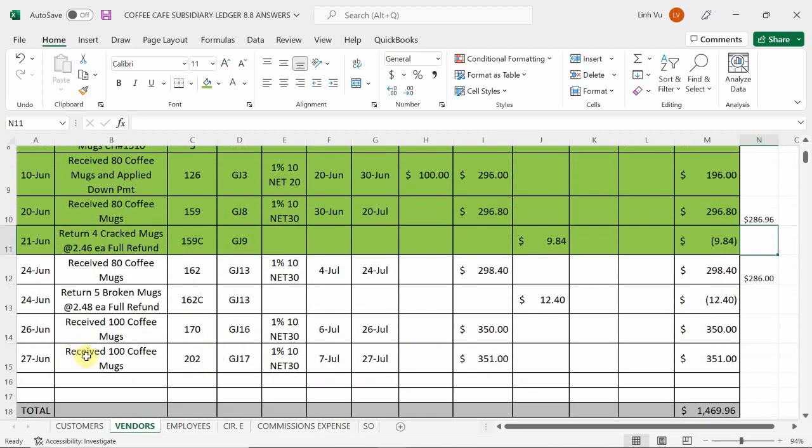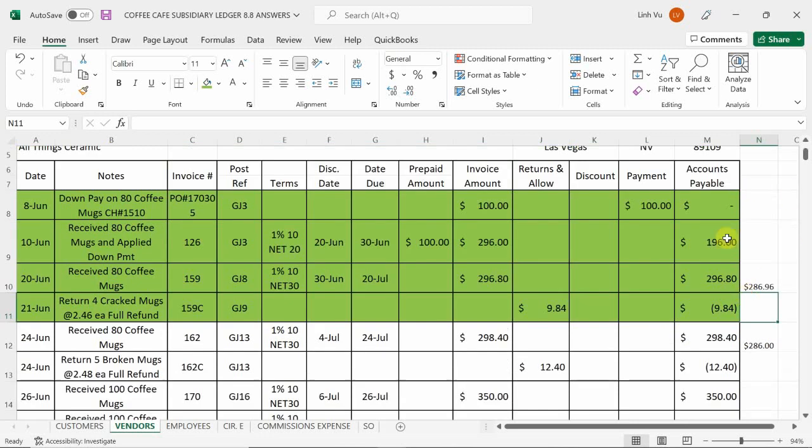How much do I owe? In this case, I owe 196 plus 296.80 minus $9.84, which is right here, 286.96. So right now I owe a total of whatever this 286.96 plus 196 is.